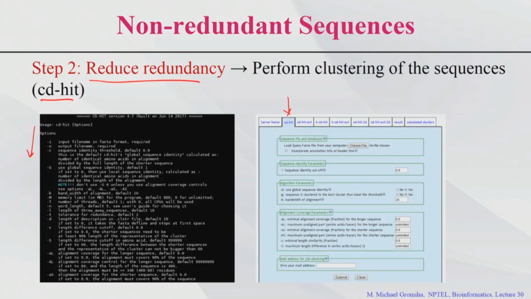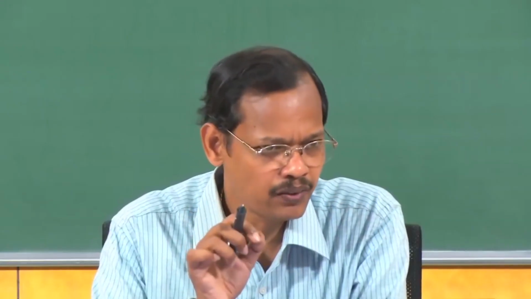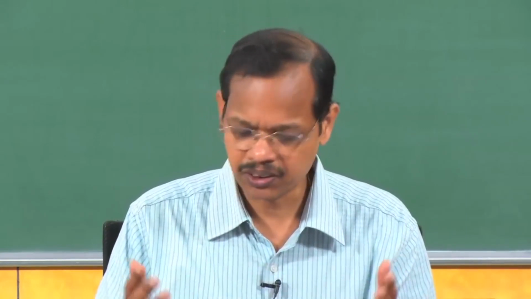You ask for the sequence identity cutoff and the word size, then you can get the non-redundant sequences. For example, if you want 30% redundancy, you can use 0.3. First we get the sequences, in this case from PDB-TM, and once we download the sequences, we reduce redundancy at any cutoff. For example, with a 30% cutoff, we can use CD-HIT to get the sequences.